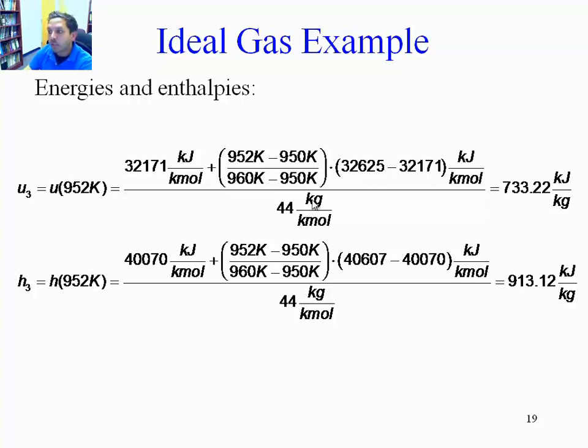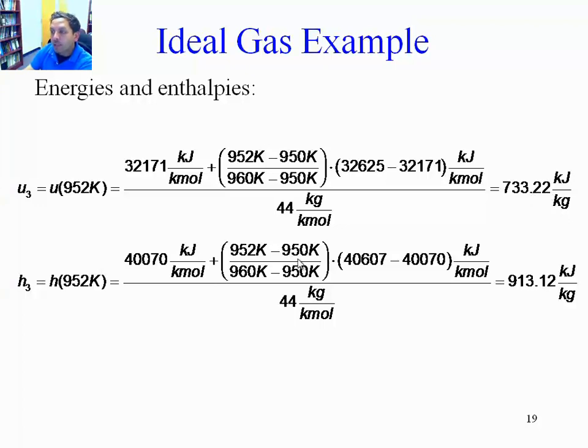The interpolation takes a slope of 952 minus 950 divided by 960 minus 950, basically 20% of the way between the bracket of 950 and 960. And that we add to the lower bracket of the energy, which is 32,171. This is basic interpolation. We've done it with the other tables when we were looking at substances and air. We divide that by 44, which is the molecular weight, and at the end we get 733.22 kilojoules per kilogram.